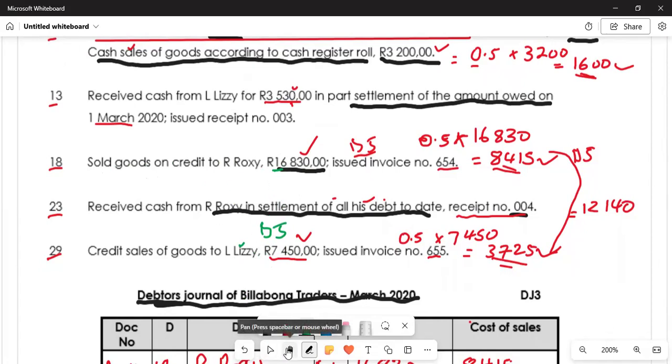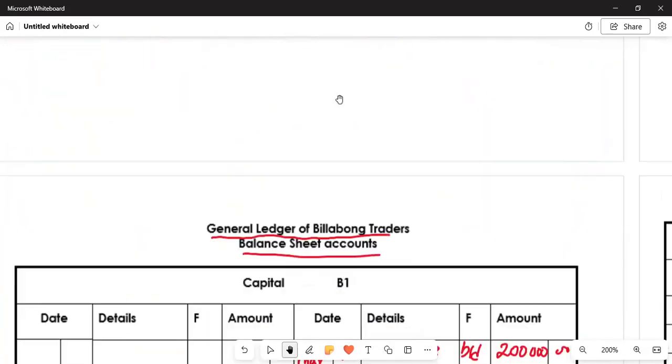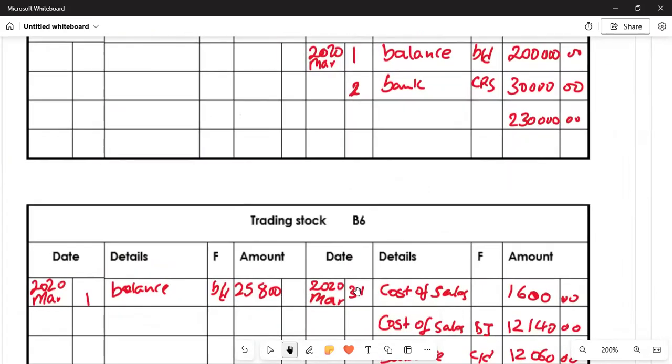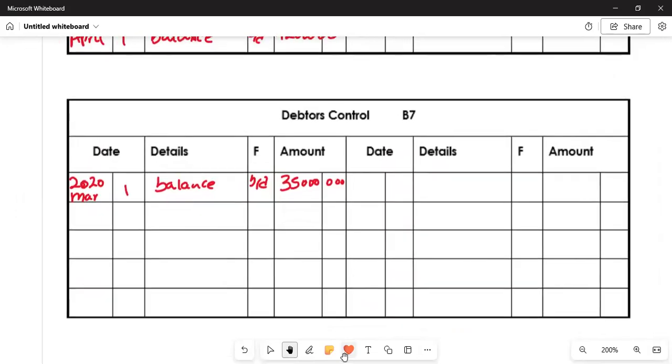So let's go to our answer book and see how we are going to record them. Here is our debtors control. So we are going to say we have sales because we sold our goods on credit to those two debtors.